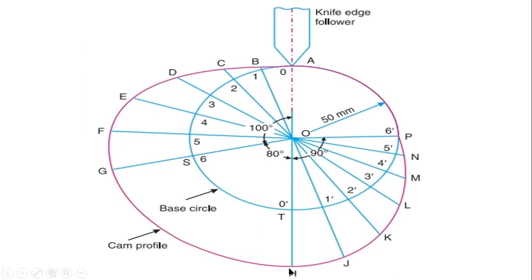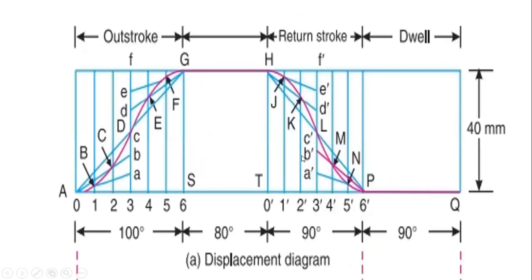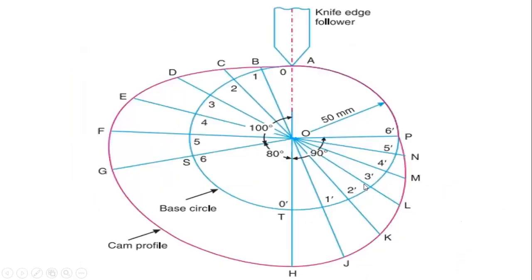Following the same procedure, going to the displacement diagram, take the length as 1 dash to J, 2 dash to K, 3 dash to L, 4 dash to M, 5 dash to N, and 6 dash to P. Then from 1 dash, draw an extended line.